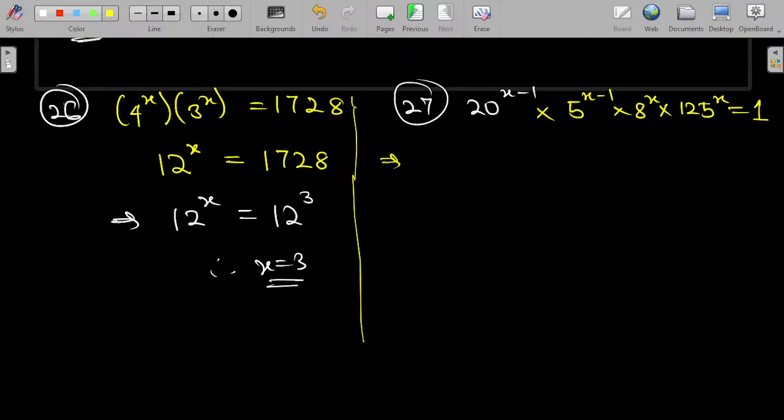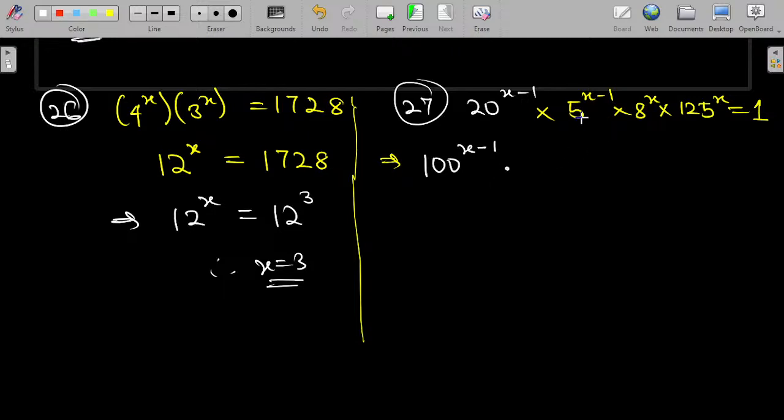Let's try something. First of all, notice that the first two have the same power and the last two also have the same power. So you will do your distributivity of power, bring out their powers, and multiply their bases. So 20 times 5 is 100. So that will be 100 raised to the power of x minus 1, multiplied by the second one.